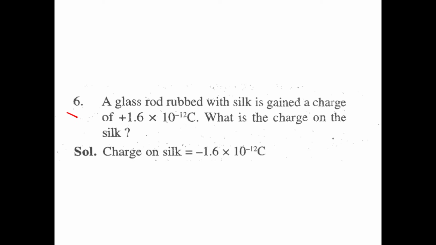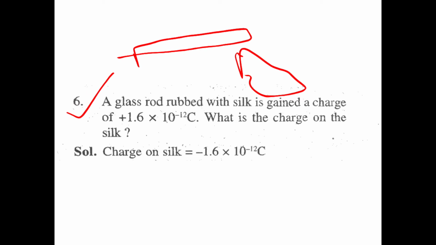Next, a glass rod rubbed with silk cloth gains plus 1.6 into 10 to the minus 12 coulomb. What is the charge on the silk cloth?